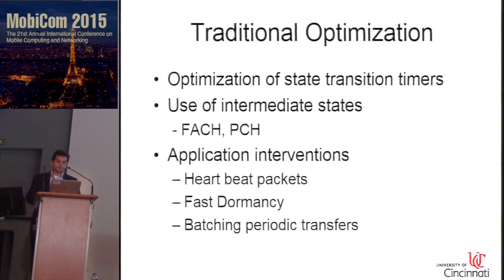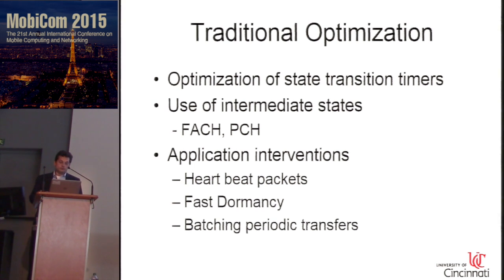Application interventions, such as heartbeat packets, fast dormancy, or batching periodic transfers, have been investigated. Heartbeat packets can be timed by applications to maintain a desired state, eliminating unwanted state transitions. Fast dormancy uses application-triggered signaling to immediately terminate the radio resource connection.